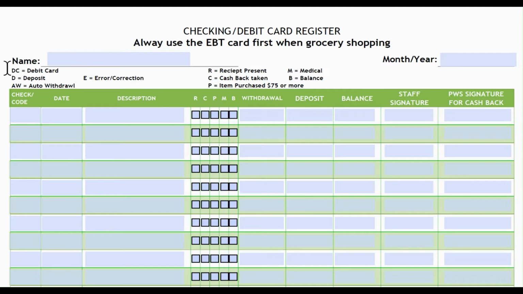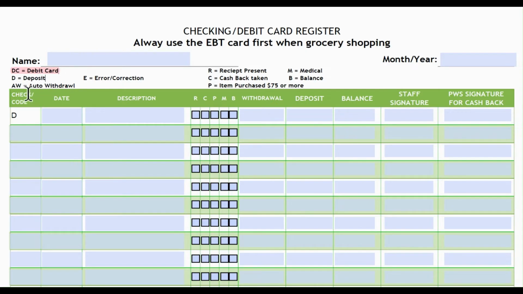Most of the time nowadays, people are using debit cards. So for the debit card, we would be putting C in this column. If it was a deposit, then we would be putting just a D in that column.